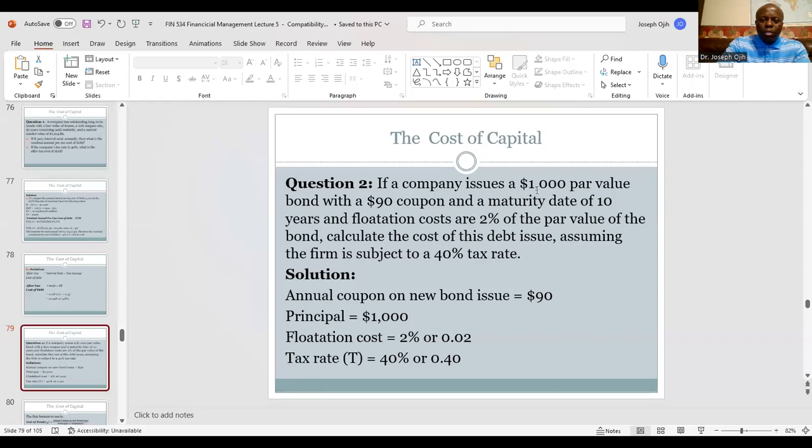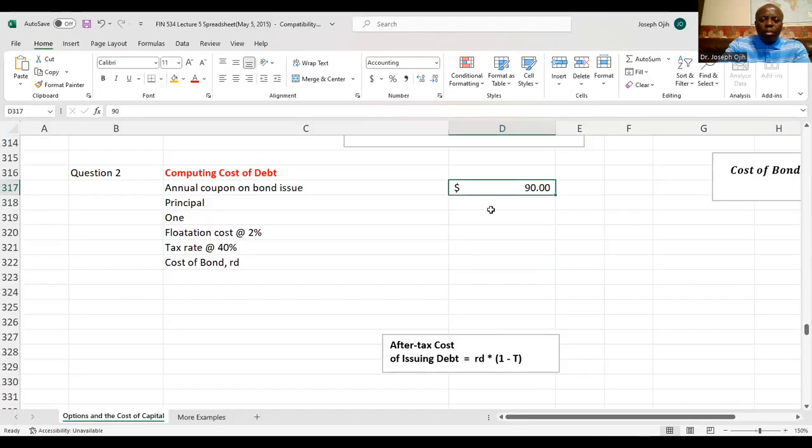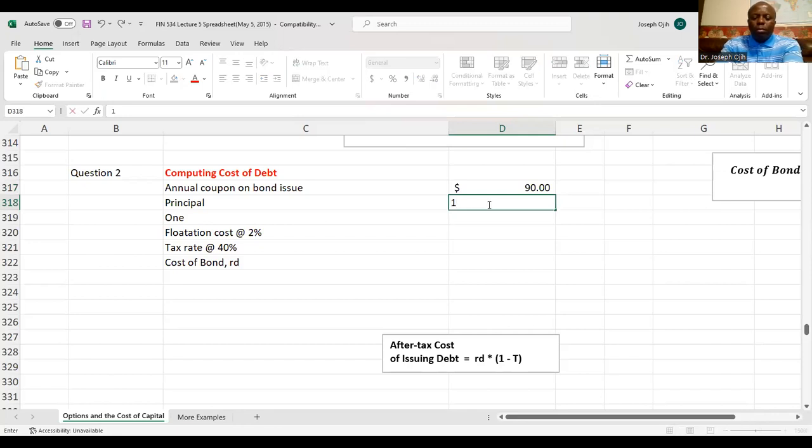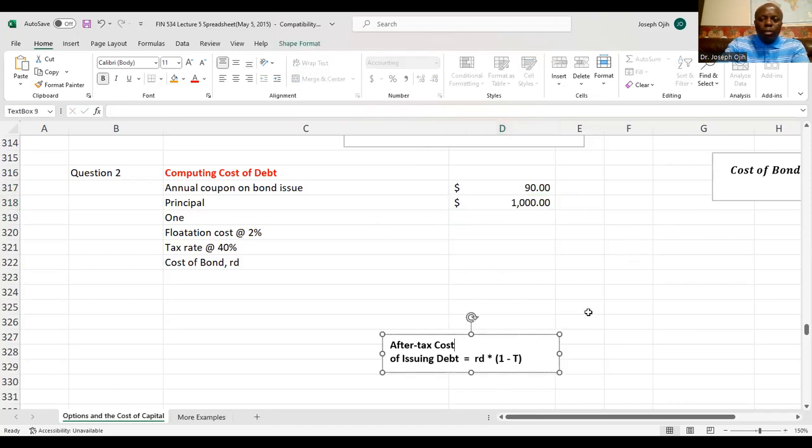The bond was issued at $1,000 par value. So our principal is $1,000.